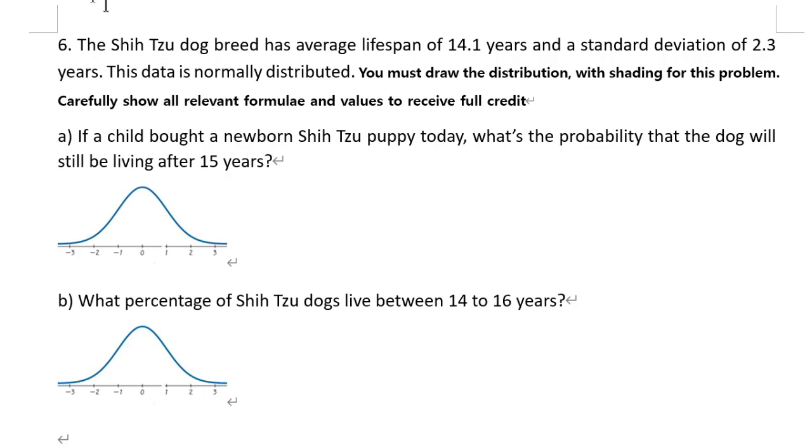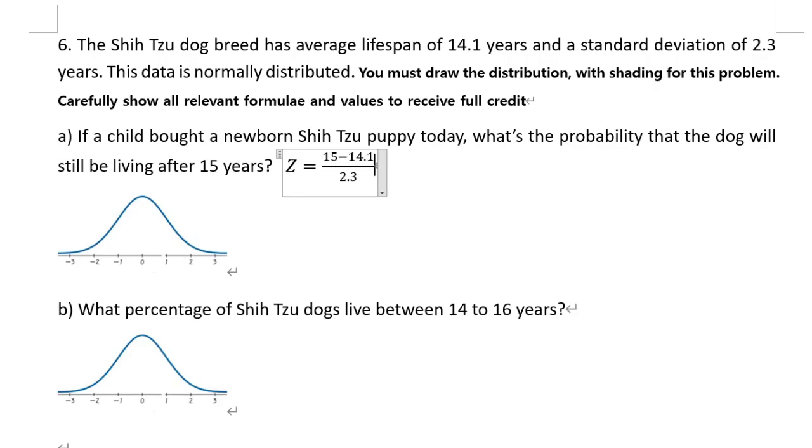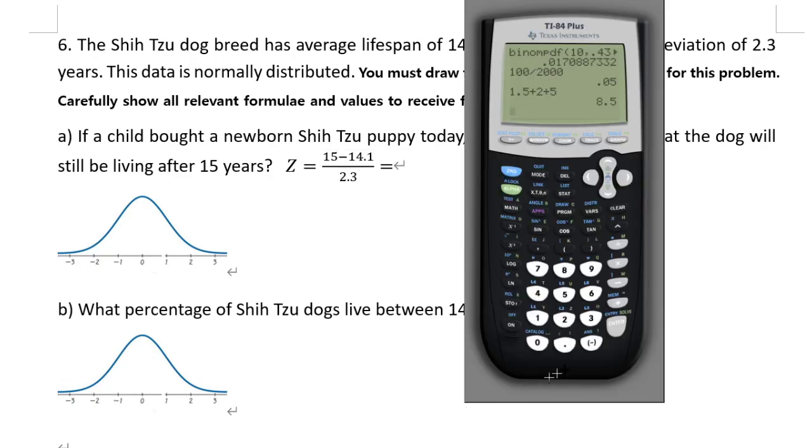Well, first you have to convert the 15 into a z-score. So z would be 15 minus the average, 14.1, divided by 2.3. And 0.9 divided by 2.3 would be 0.3913.